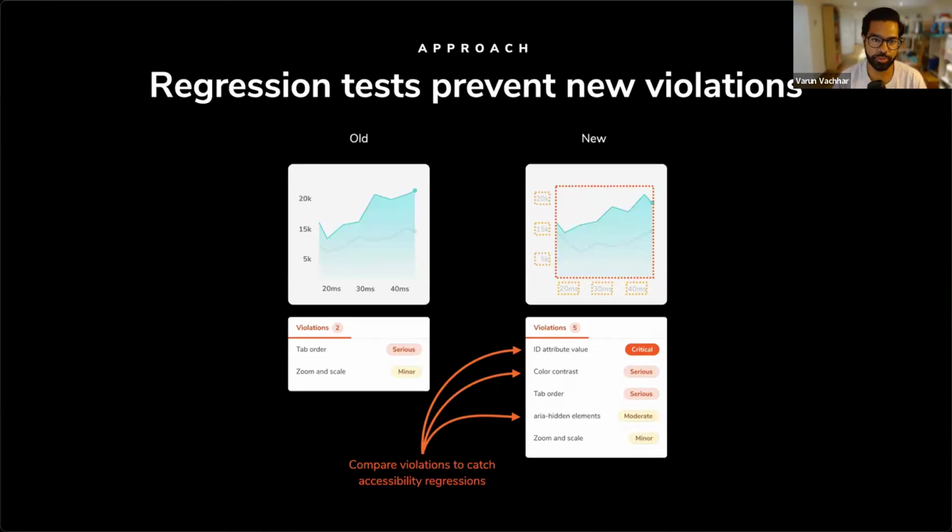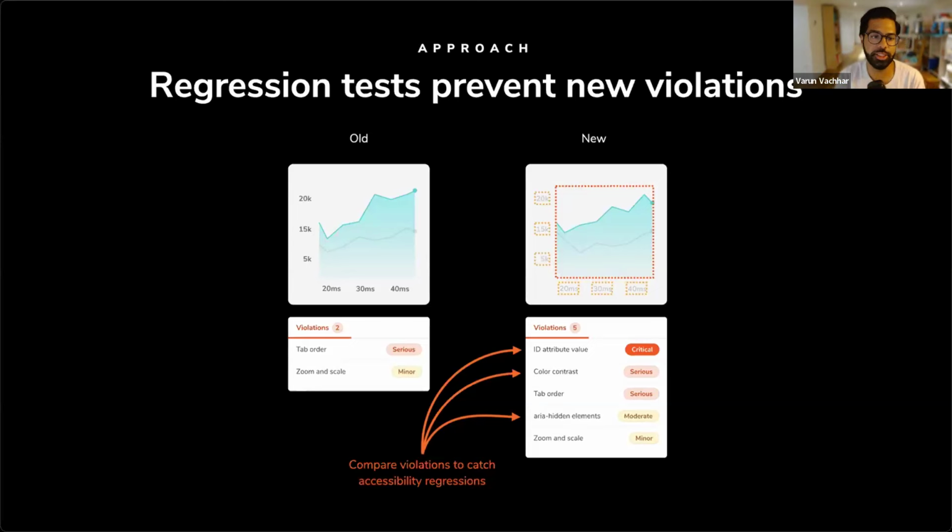So what Chromatic does, commit to commit, is check to see: are new violations introduced, or is this a pre-existing violation? And if it's a pre-existing violation, it's the same as baseline, so you won't be alerted to it. But if it's a new violation, then you are alerted to it, and Chromatic flags you to go and review them. And the reason for that is this makes it easier to track things that are legacy issues.